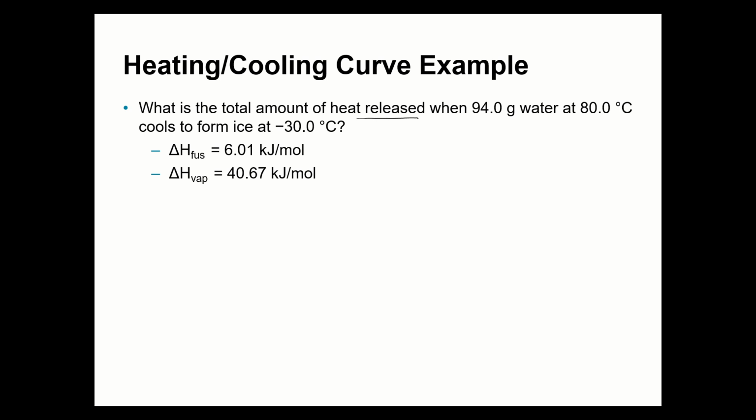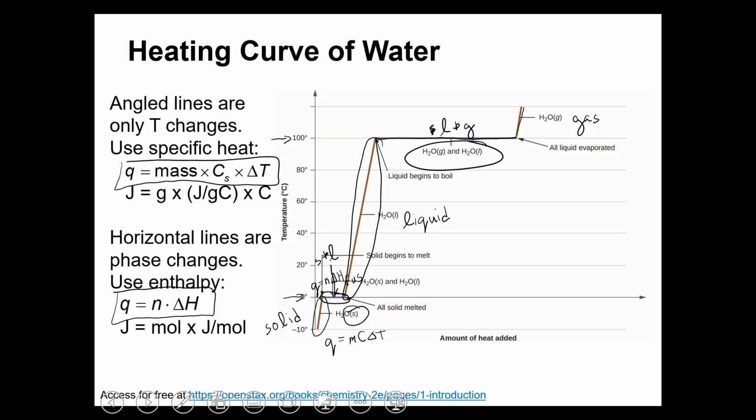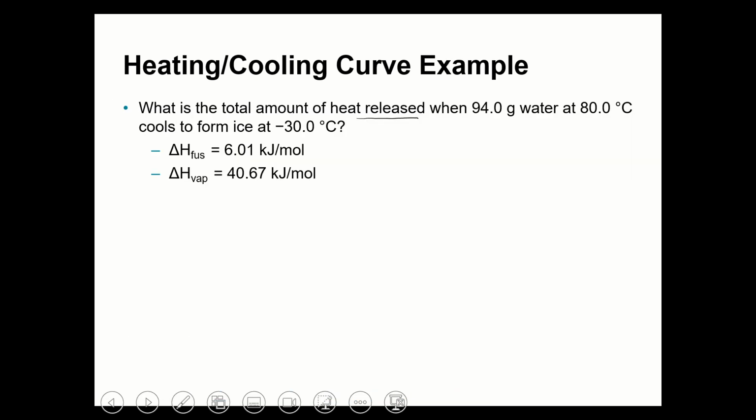Okay, so now that we've got that out of the way, I think that it helps if you draw a simple heating or cooling curve to see what's happening. So we're starting at 80 degrees Celsius. Okay, and we'll just draw a graph here, and at the end we want it to be -30 degrees Celsius.